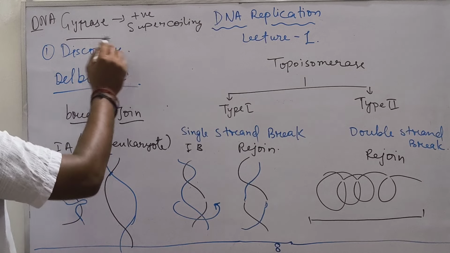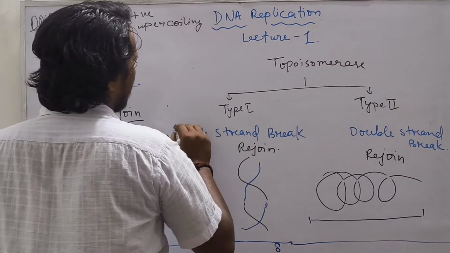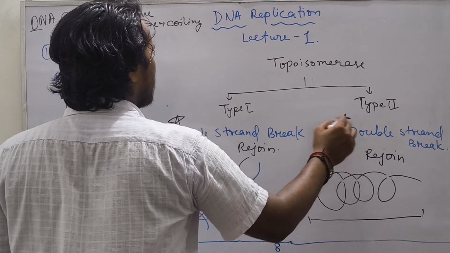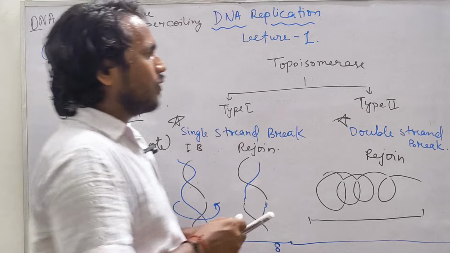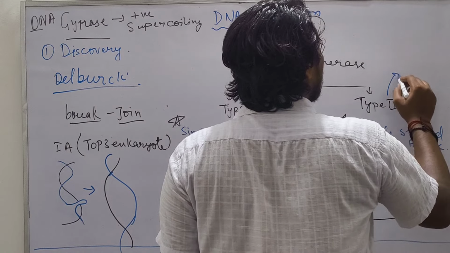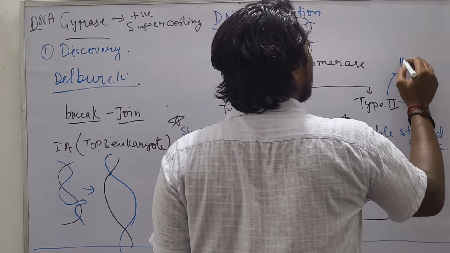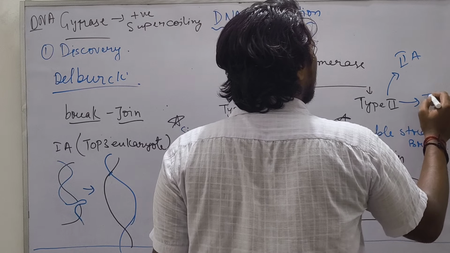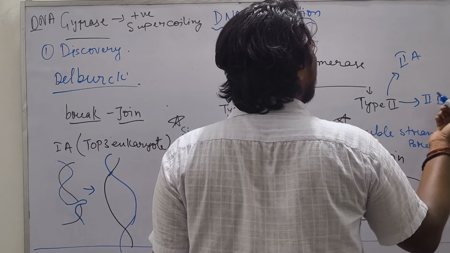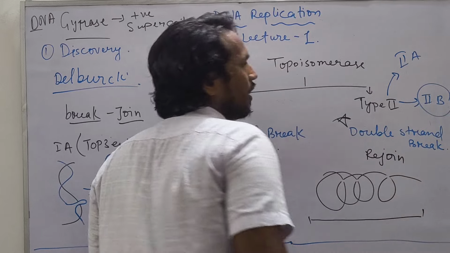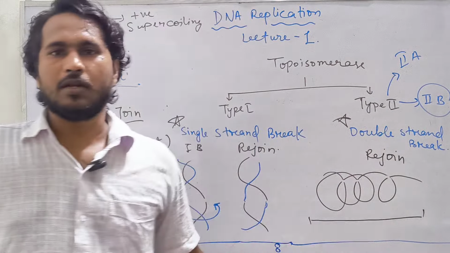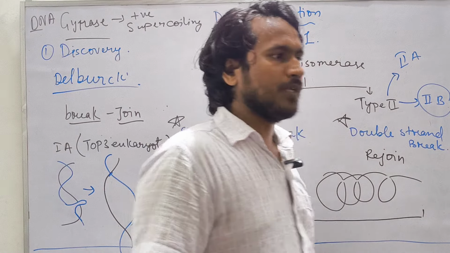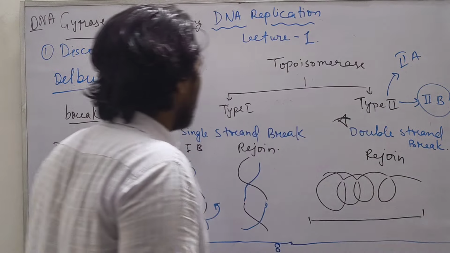Now you remember this one, the main types and the main differences between them. And remember one more thing, that type 1 and type 2 also have subtypes. These are 2A and 2B. You remember this B is only in archaea and plants. Please note it in your notebook.